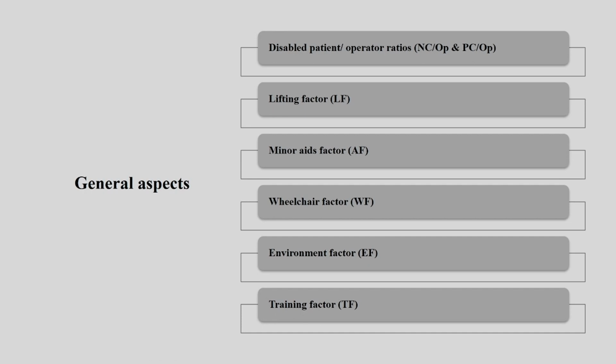That means the patient is not in a position to move at all by himself or herself. There will be no assistance from the patient side, so the nursing staff have to take care of everything. Each and every movement needs to be taken care of by the nursing staff.